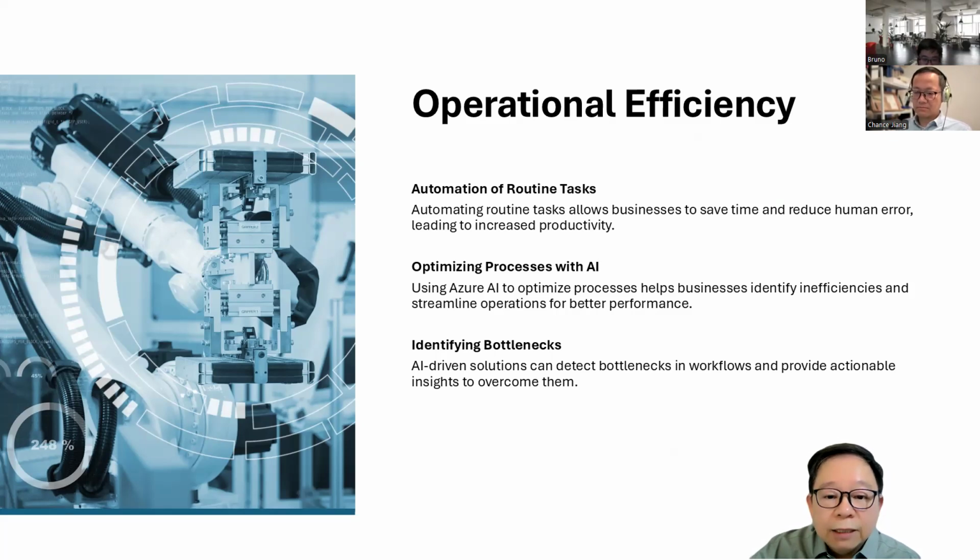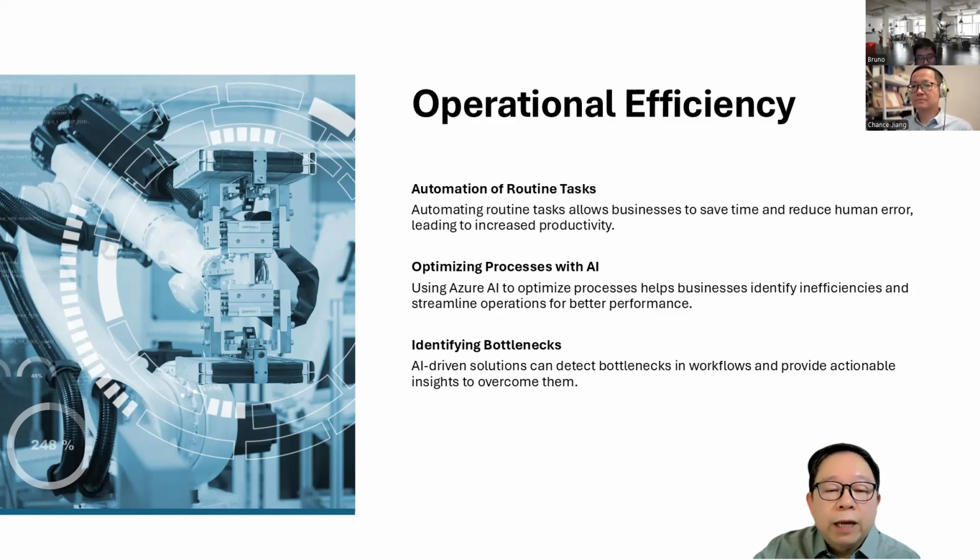The business can enhance operational efficiency, and the AI-driven solution that we're talking about tonight can identify the bottleneck, the most difficult part, and suggest improvements for better workflow. Sometimes you find that the customer is very upset because they cannot get a good response. So as a manager, as an entrepreneur, you need to identify where the bottleneck is, right?